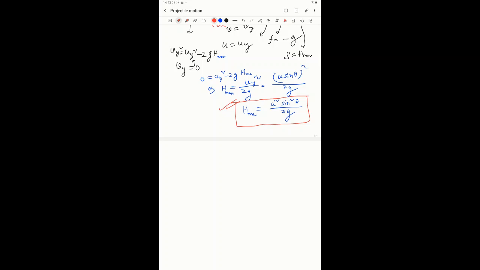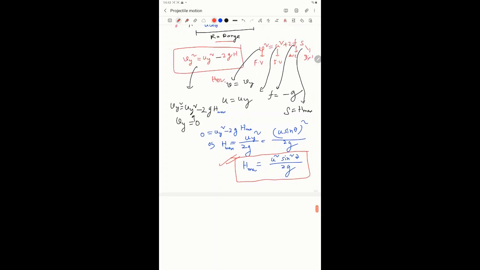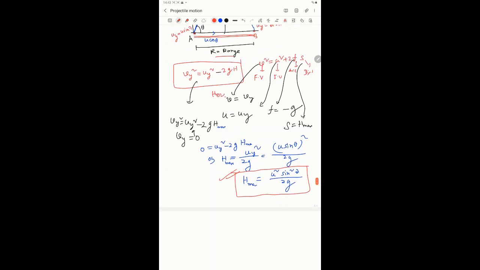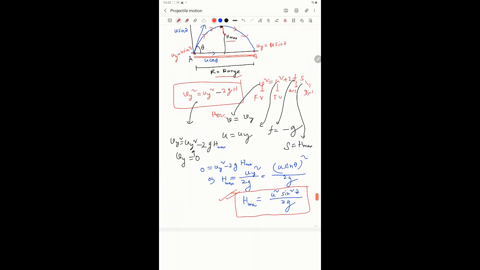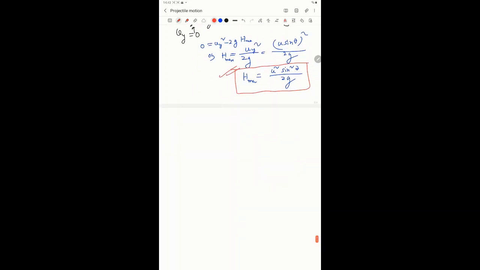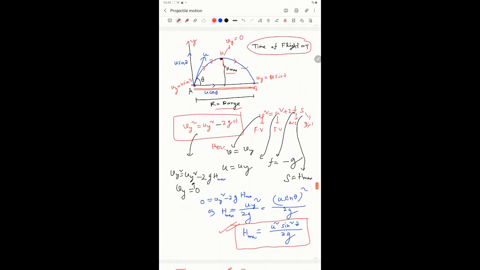Another thing that we have to work out is the range. What range the particle is traversing, meaning AB. Here this distance AB equals the range R. The particle is going with a constant velocity from A to B along the x-axis, and that velocity is ux equals u cos theta.